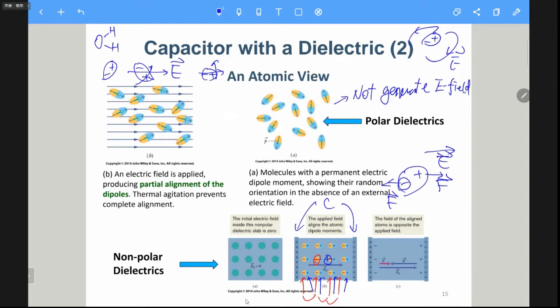So it will generate an E field pointing to the left side, which means that, so this is E0.